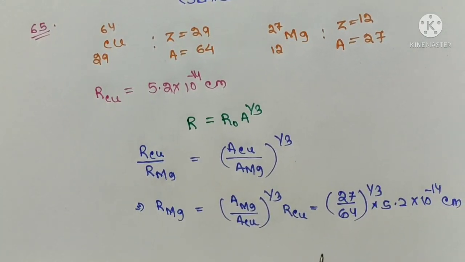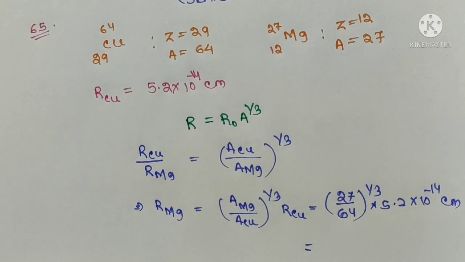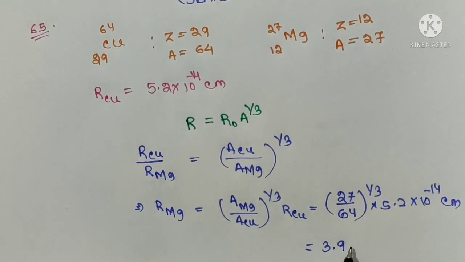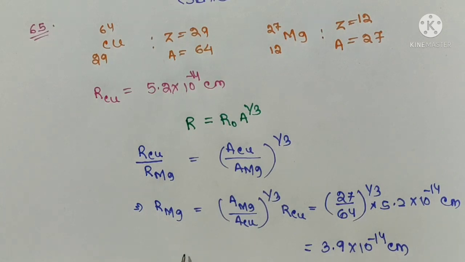So this equals 3.9 into 10 to the power minus 14 centimeter. So your correct option is option C.